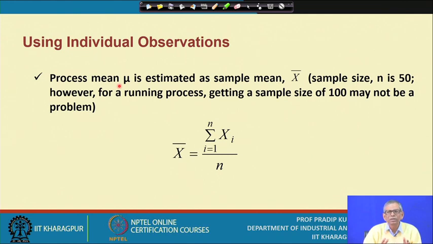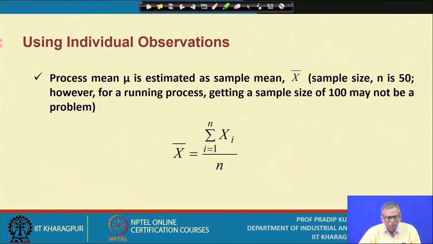That is basically the population size. Obviously, it may not be practical to get 2000 data points. So you try to get a sample representative of the population, and now you consider the data points in the sample.